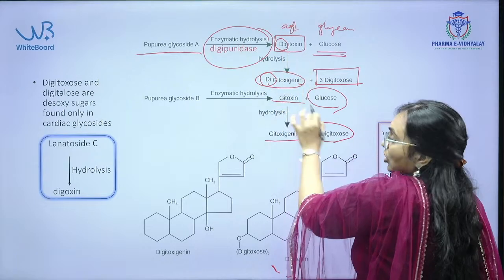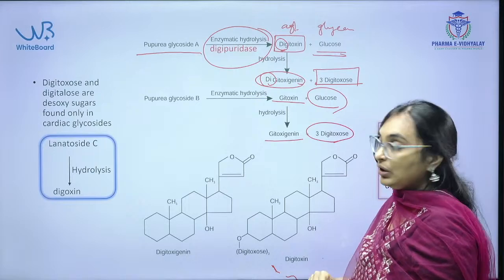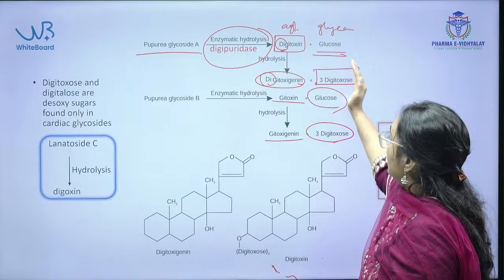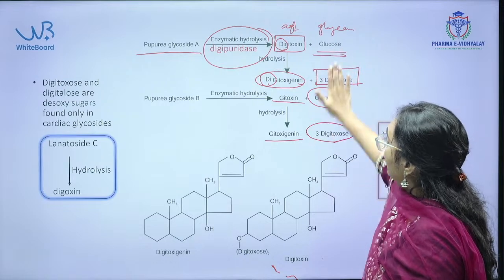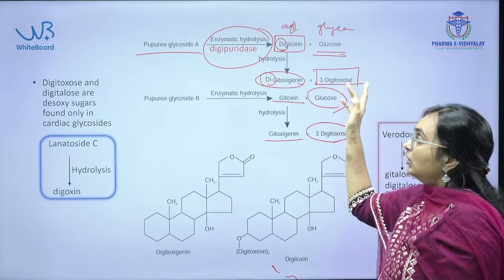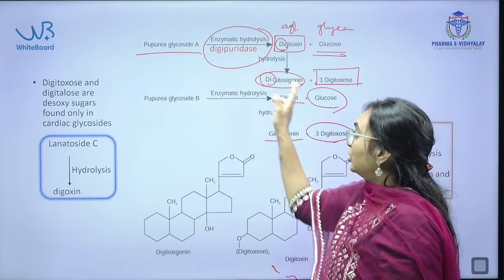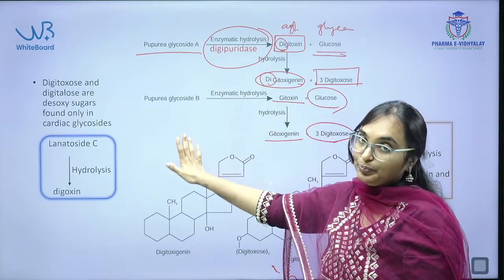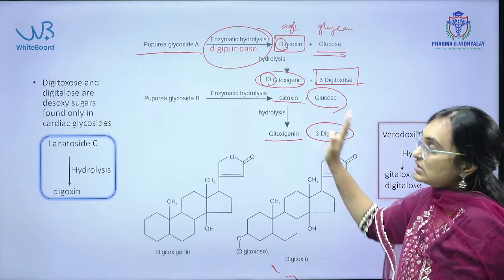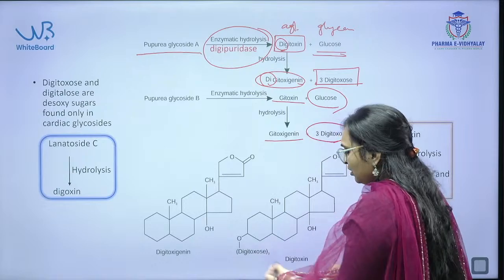Digitoxin, gitoxin, digitoxigenin, gitoxigenin. The sugar molecule is the same: the second hydrolysis gives 3 molecules of digitoxose. Digitoxin and digitoxigenin are from A, gitoxin and gitoxigenin are from B. These are the sugar part, glycon, hydrolysis products.